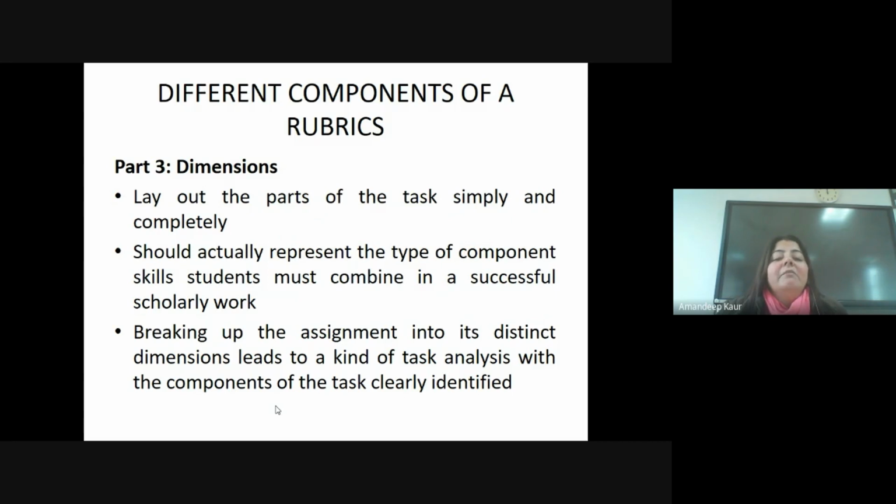Breaking up the assignment into distinct dimensions leads to a kind of task analysis with the components of the task clearly identified. So this is how it is possible for us to divide the whole activity into a number of dimensions. As far as the literature in the field of rubrics is concerned, it is written that the optimum size of the dimension needs to be 4 to 5.